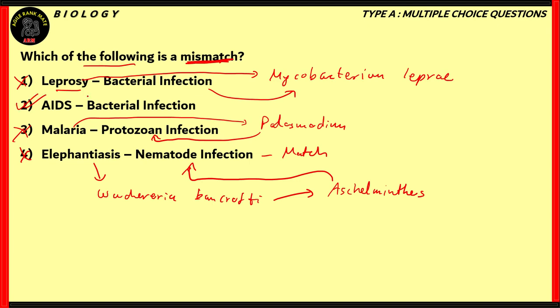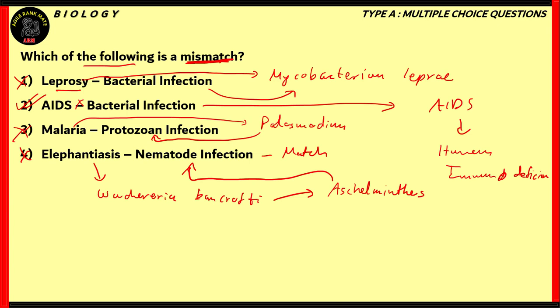The right option is option 2, AIDS, bacterial infection. That is the wrong match. It is a mismatch because AIDS is caused by the human immunodeficiency virus. So therefore, option 2 is the right option.